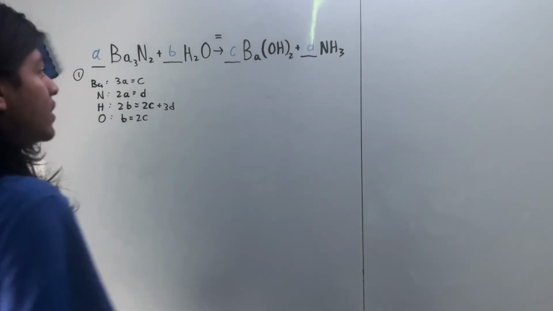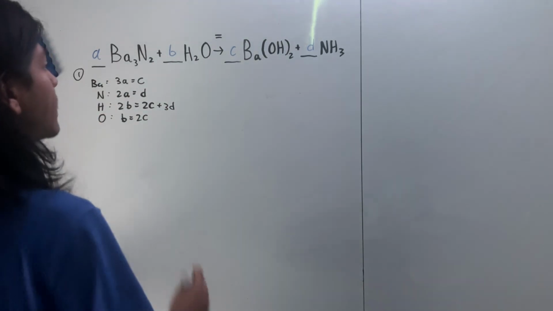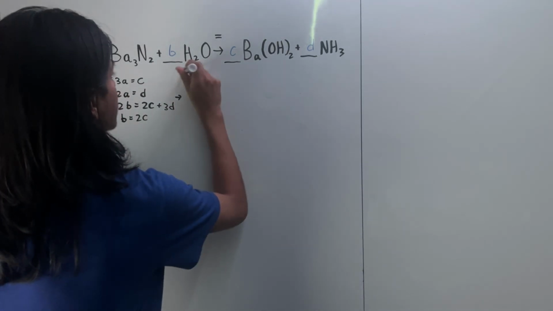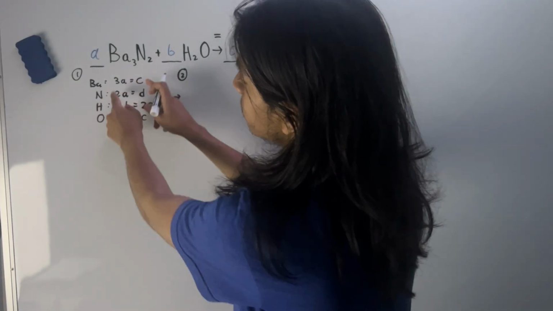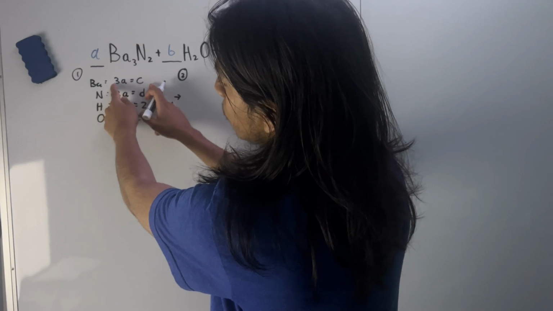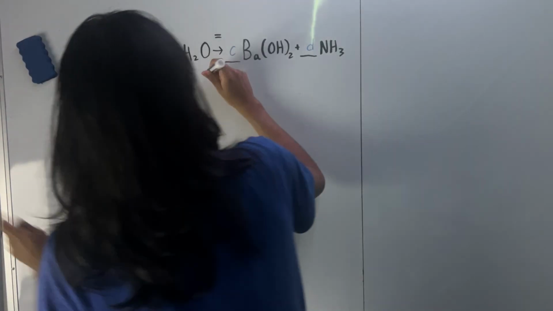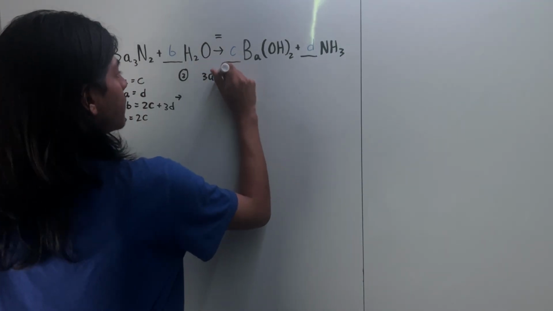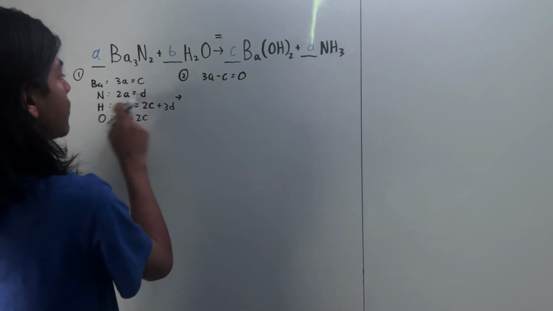Okay, so now that we have our system of equations, this is pretty much our step 1. Step 2 is we take everything and put it to the left side of the equal sign. For the barium equation, we're gonna subtract both sides by C. So now we have 3A minus C equal to 0. And then we have our nitrogen.